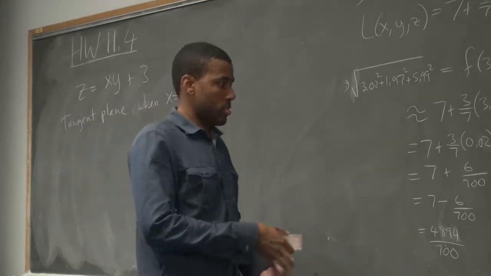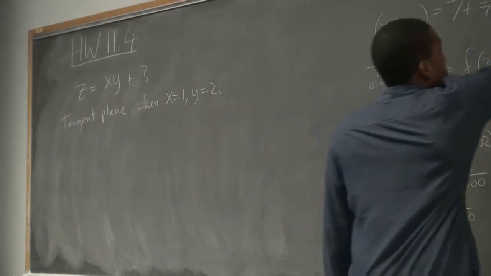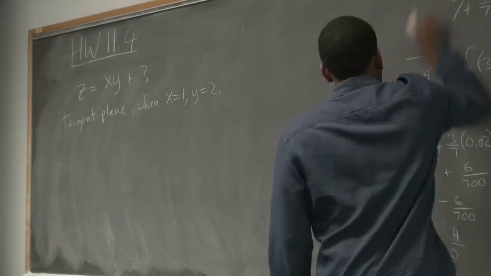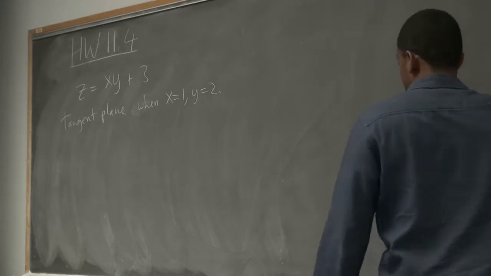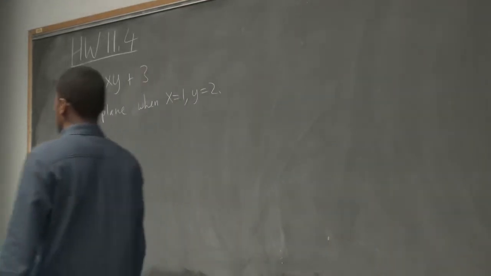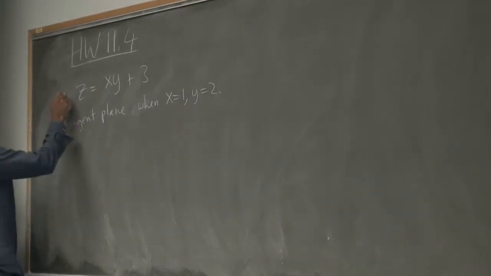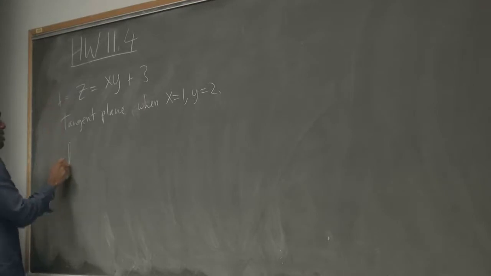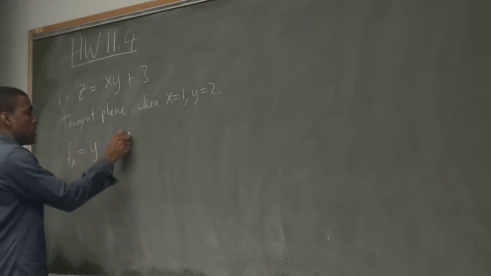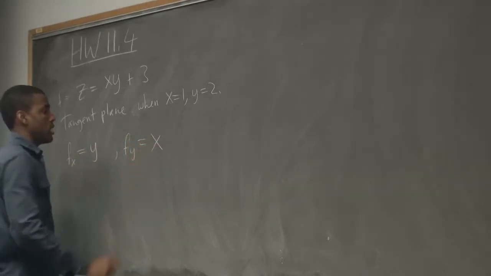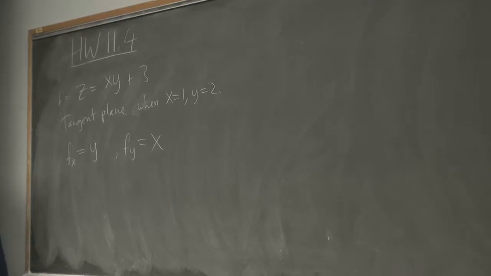How do I do that? So we find fx and fy, the partial derivatives. Okay, so if you call this f, we can find fx would be y, fy would be x, then what?